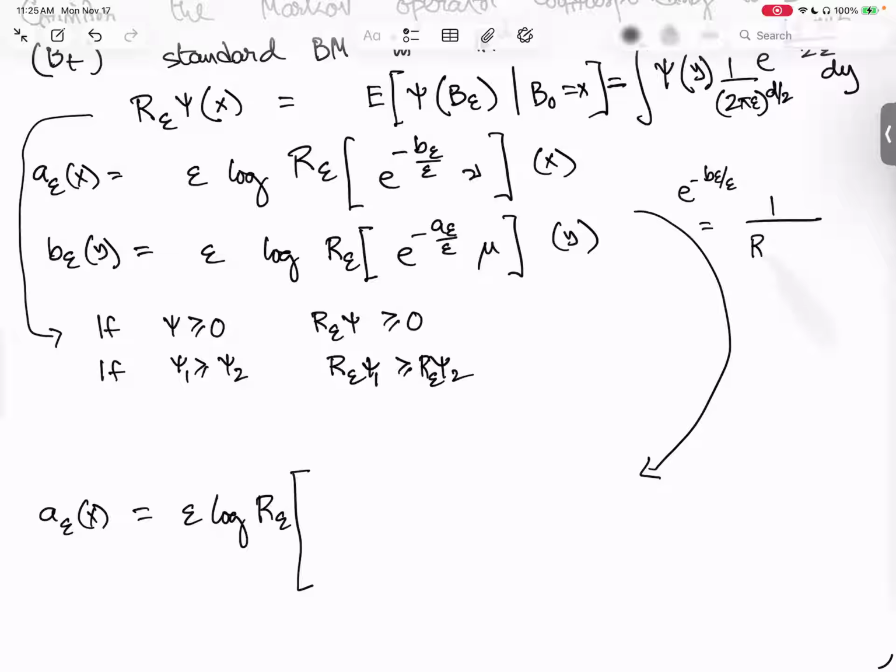So I get 1 over R epsilon of e to the power minus a epsilon over epsilon, times mu.